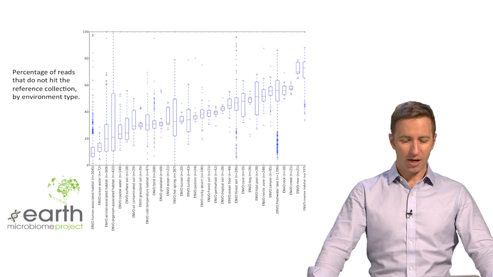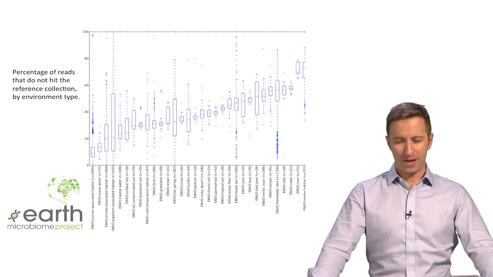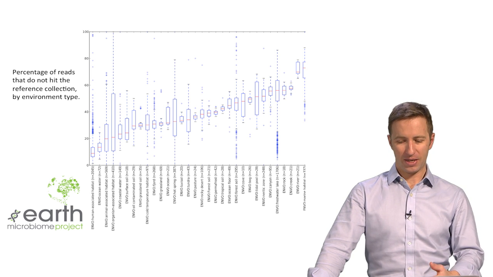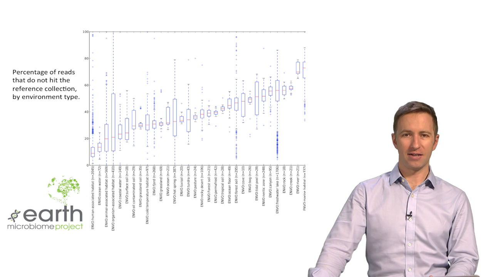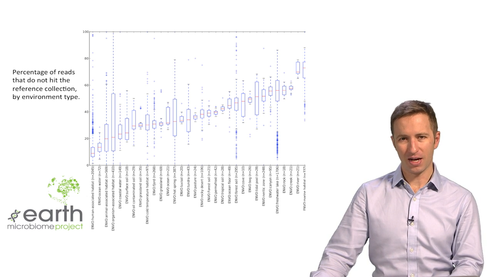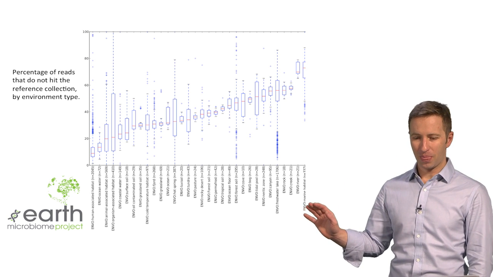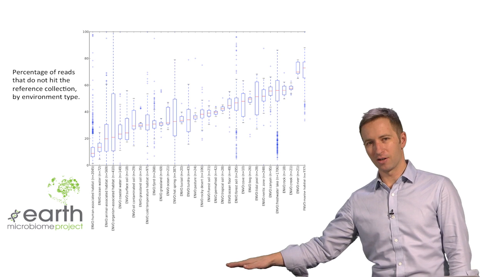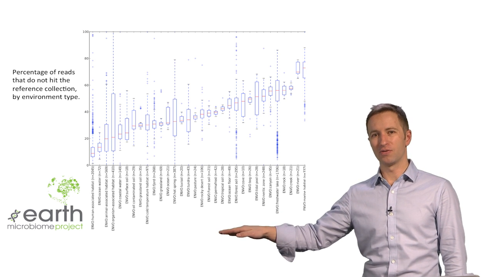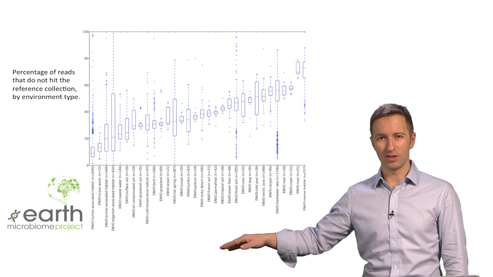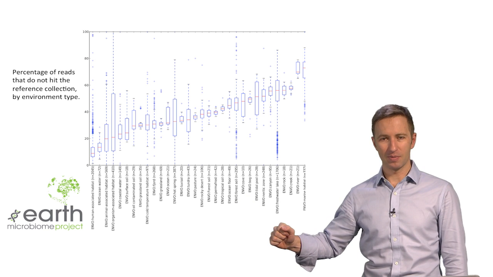Here's a nice little plot from the Earth Microbiome Project showing what fraction of sequences tend to be missing from a reference database depending on the environment. Lower is better, because you don't want a lot of sequences missing the reference database.